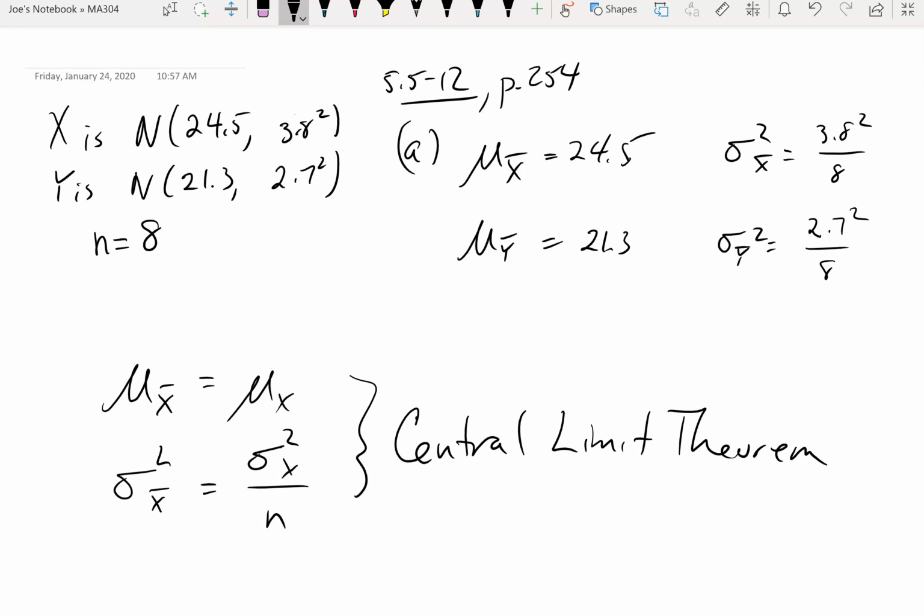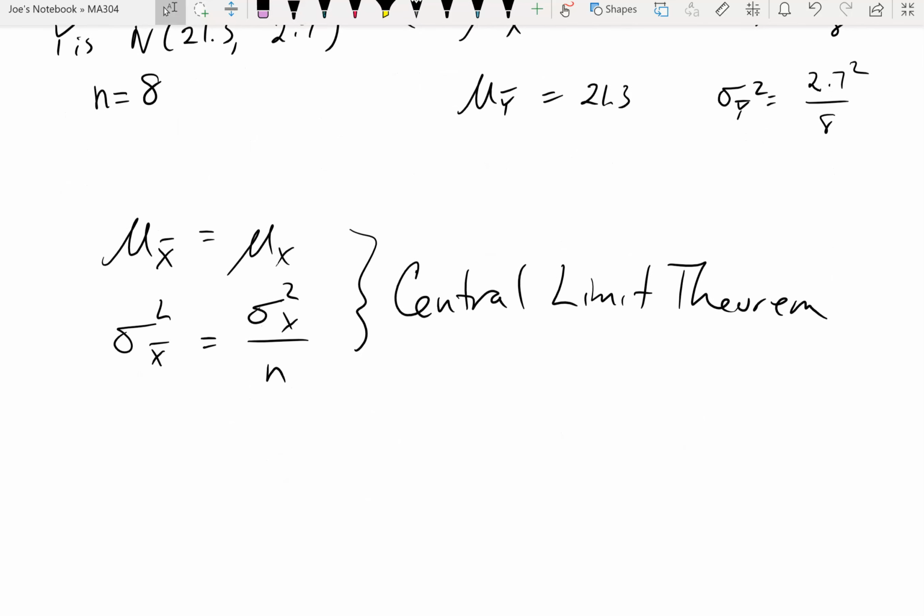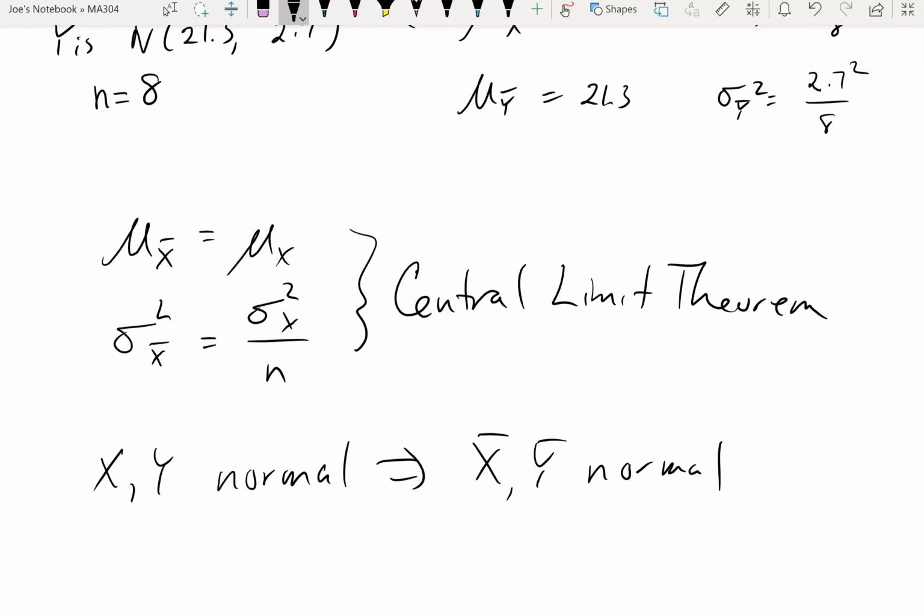They're also normal, right? So just to write this down, x and y being normal implies that our x bar and y bar are normal here. That has nothing to do with the central limit theorem, by the way. That's if and only if.